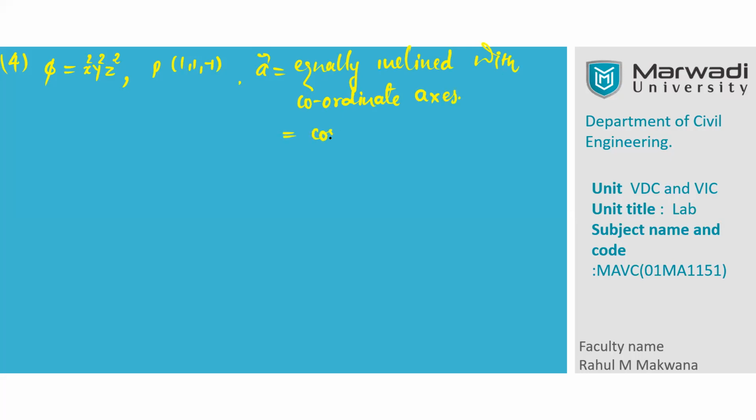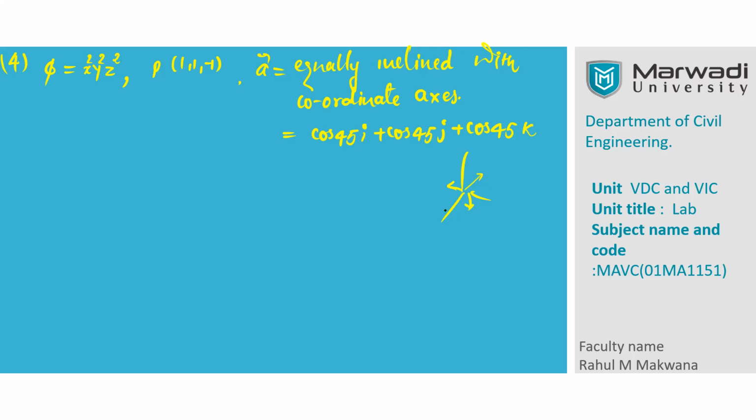And that is nothing but cos 45 i, cos 45 j, cos 45 k. That is, it is equally inclined with the coordinate axis at 45 degrees.